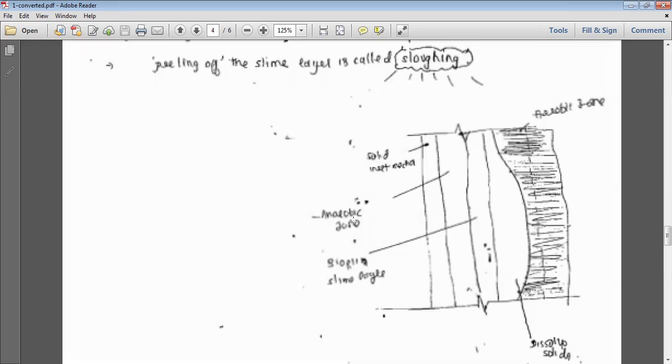In your notes, if you Xerox it, it will be visible very nicely. This is where it will be peeled off after a certain time.